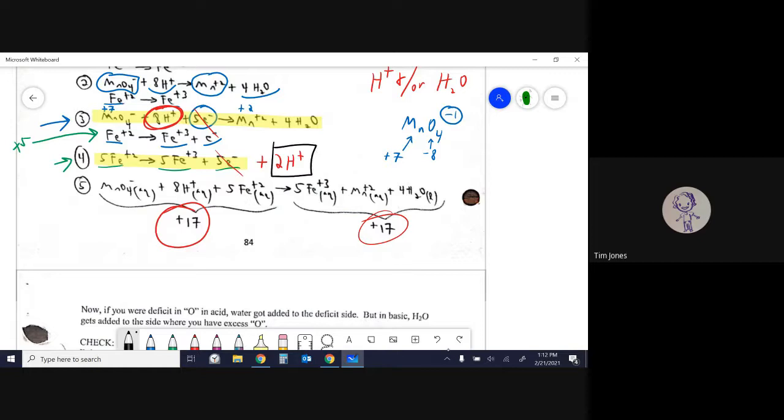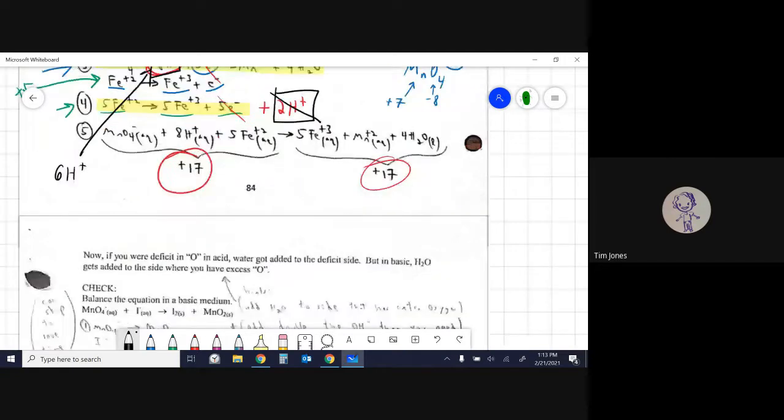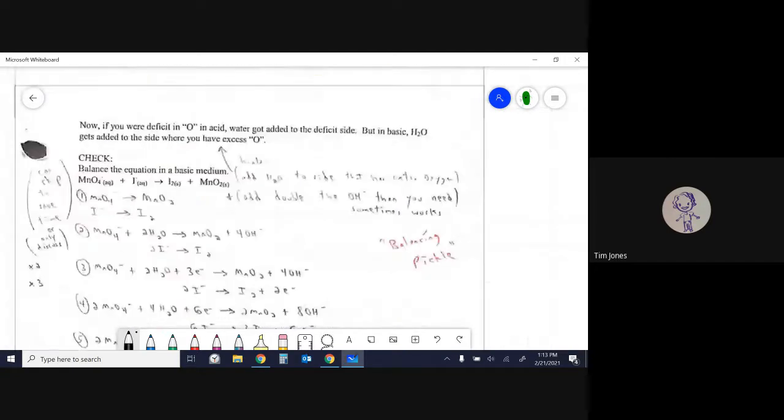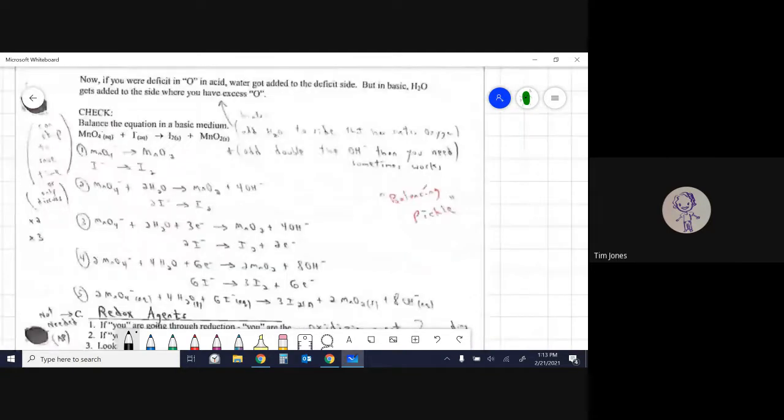I have 2H plus here, and I'm just making this up as an example, on that 8H plus. What you do is you would cancel these two, and you would have 6H plus on the left. That happens sometimes. It might even happen in the next example. I don't remember. All right, next one. Basic solutions can be a big old pain.